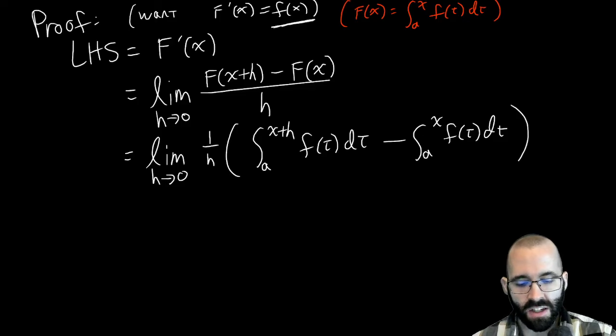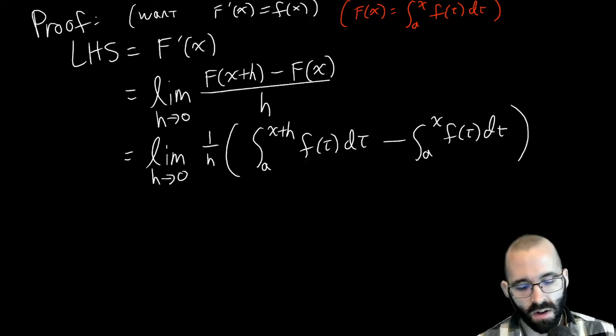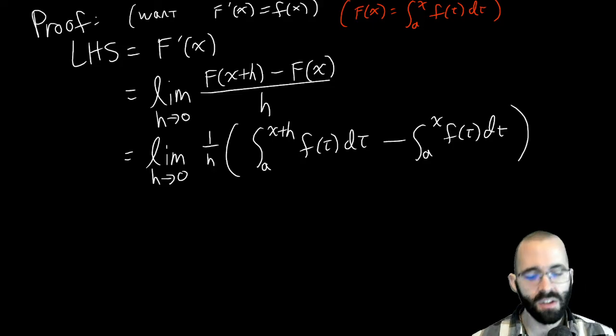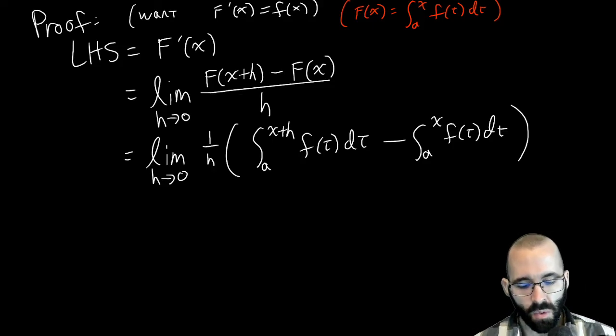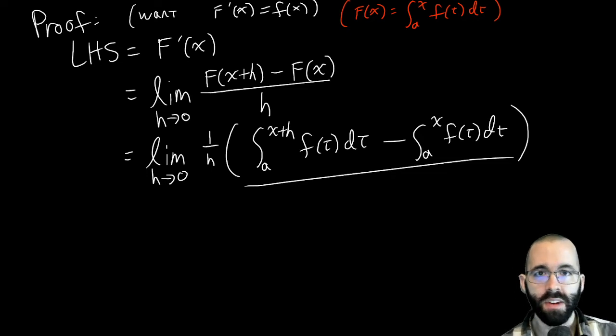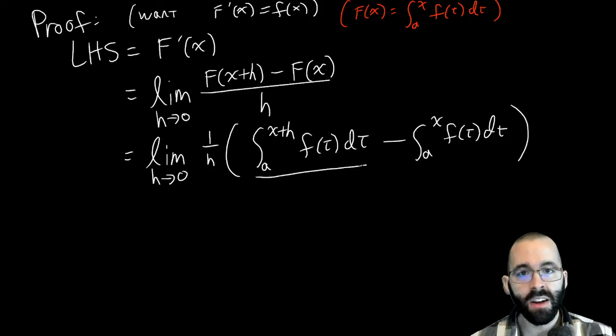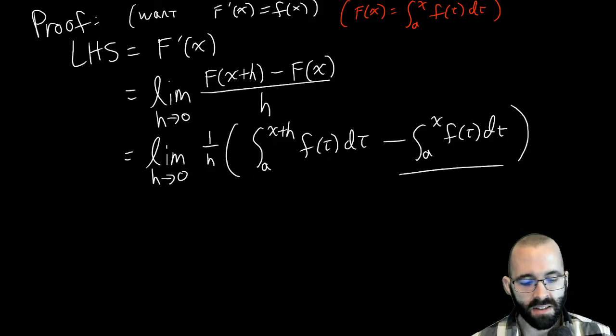And we're hoping to eventually get here. For any proof, always think about where you're trying to go. And that's where we're trying to go. So we're going to need to do some simplifying and eventually do some tricks. Well, right off the bat, we can combine these. We have a property for definite integrals. This first one is the area from a to x plus h. The second one is the area from a to x.